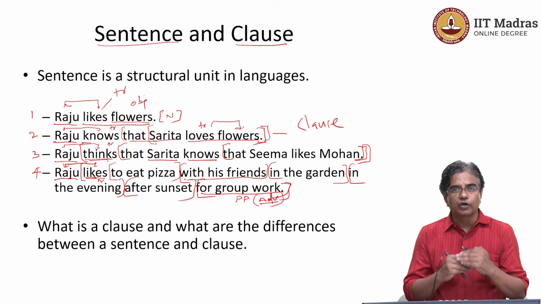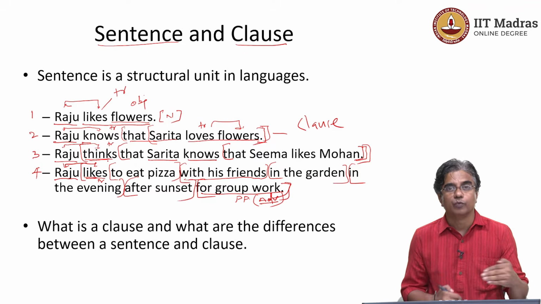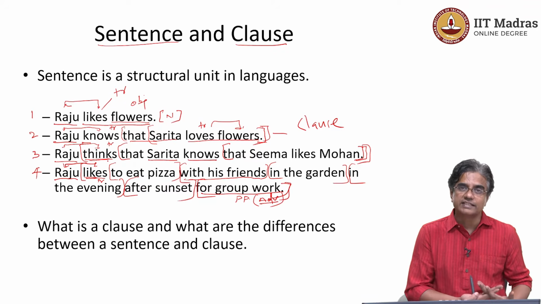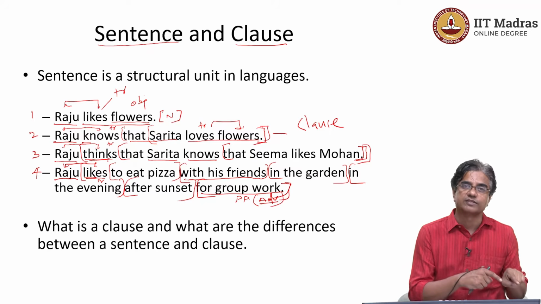It's just called a clause because it is dependent on another clause. In such a situation, the one where it is embedded is called the matrix clause, and what is embedded is called the subordinate clause.